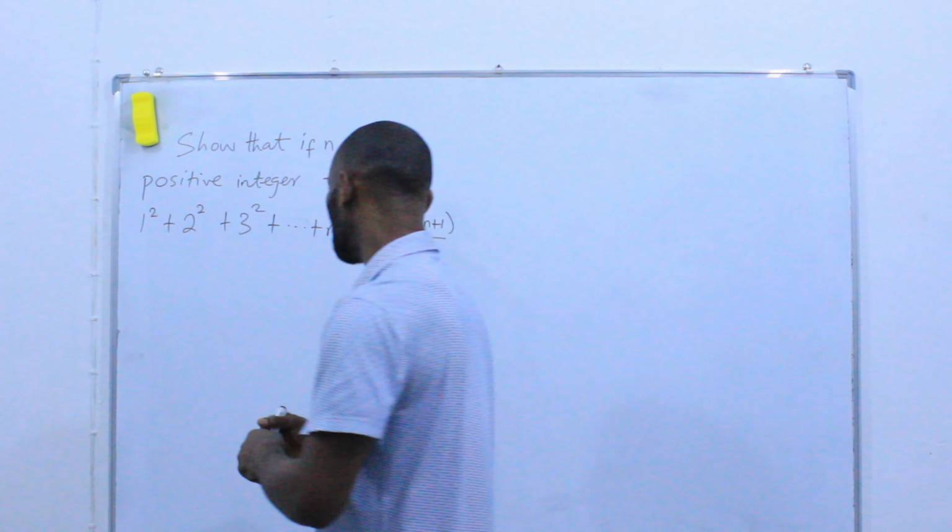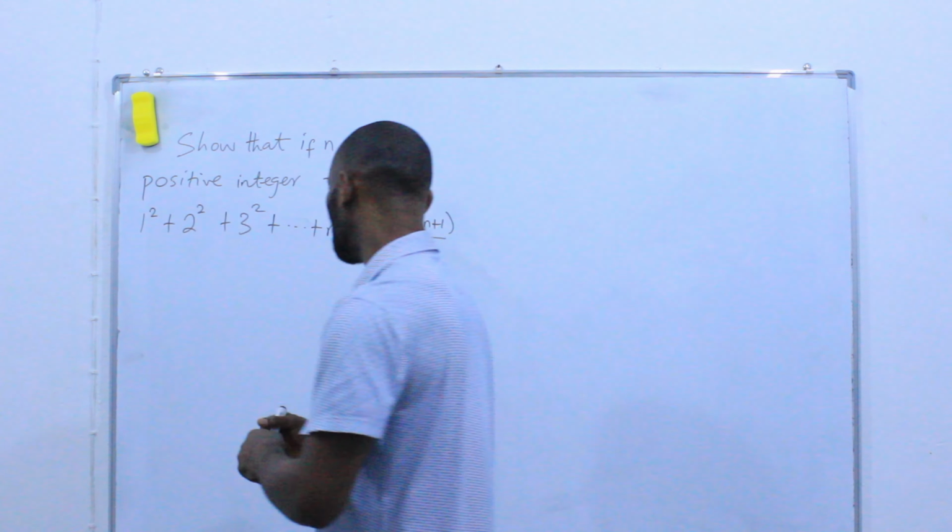Now we're going to prove it for n equal to 2. If n is equal to 2, the partial sum will give us 1 squared plus 2 squared, which is 1 plus 4, and that is 5.